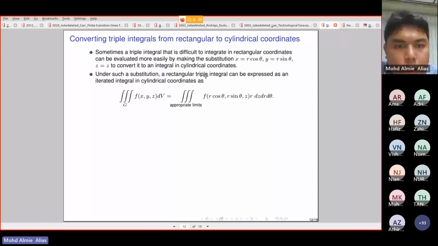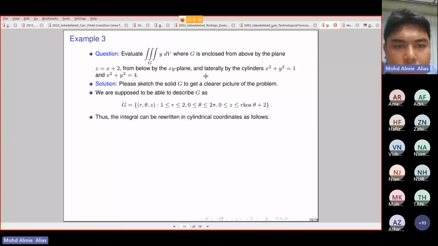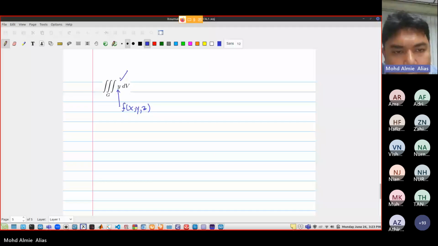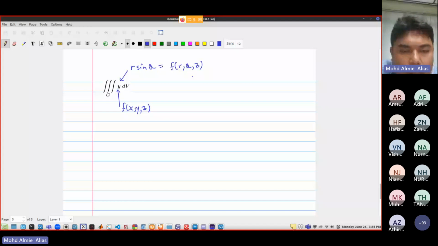It's not difficult because the y in the integrand here is just r sine theta, which is f of r, theta, z. There's no z here, but there's no issue here.